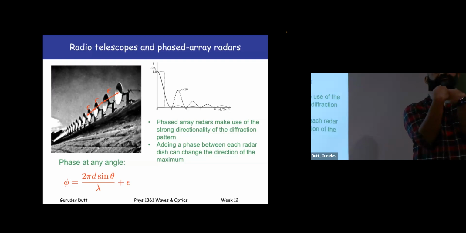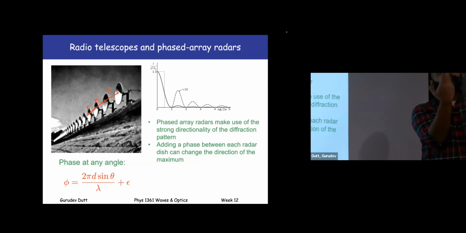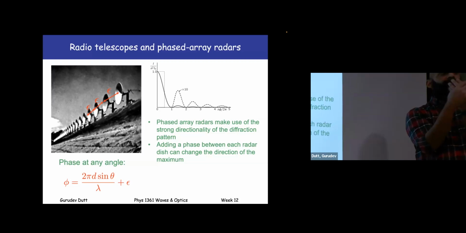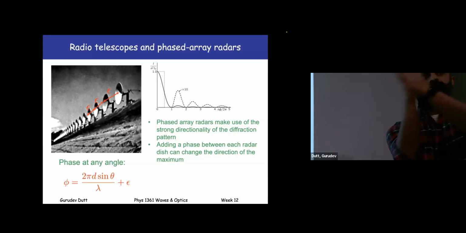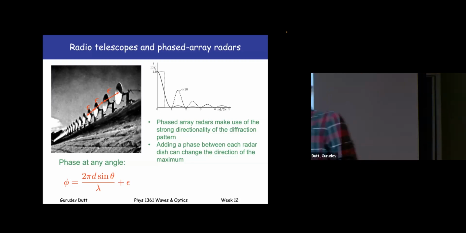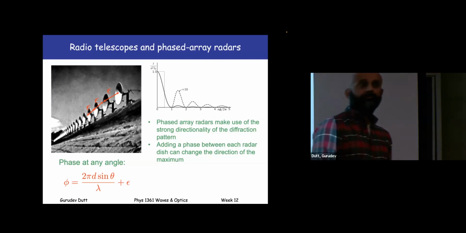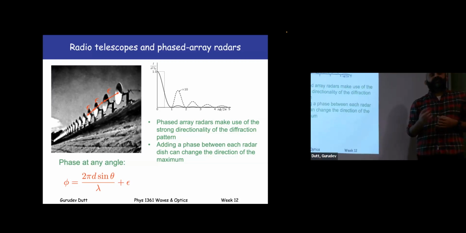If I'm looking for radio signals from space, there are many sources of radio signals in the universe, and I can go across the entire sky by scanning, for example, this epsilon between the radio telescopes. One way to do that is by scanning the phase of the local oscillator that sits in the radio telescope.